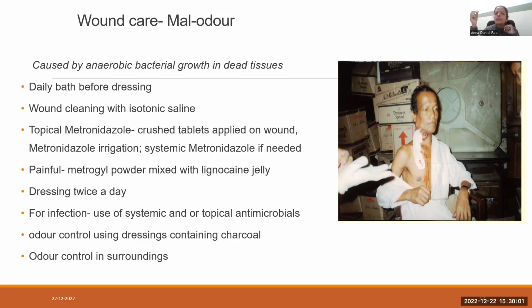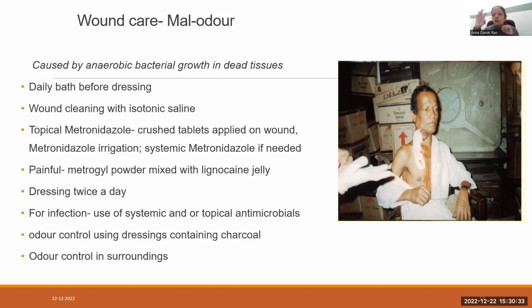Many times we need to irrigate the wound with liquid metronidazole. Whatever is available in small bottles, 100 ml bottles of metronidazole are available, so with that you can irrigate. And even with the help of a nebulizer, you can place 2 ml of this solution into the machine and then nebulize.